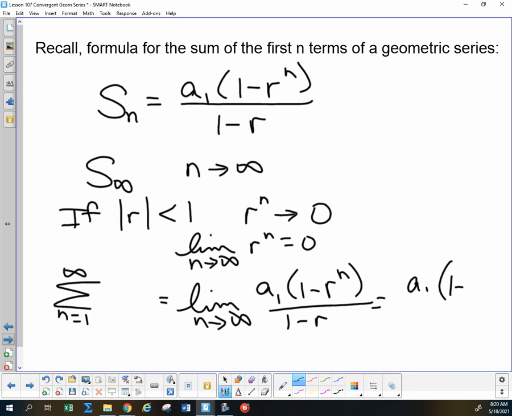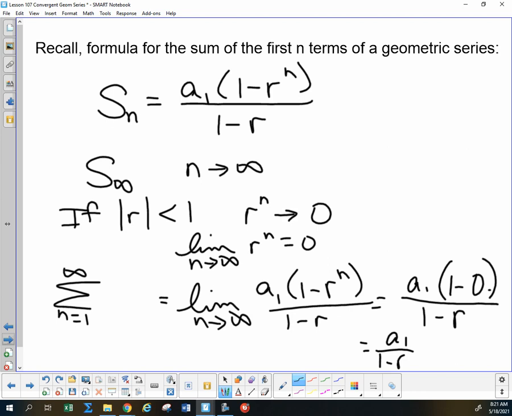The r is a fraction. When we take it to powers, it's going to get closer and closer to 0. So this is like a 1 minus 0 over 1 minus r. So this is just a 1 times a1. So the infinite sum is just a1 over 1 minus r.